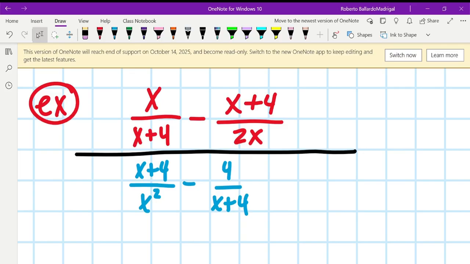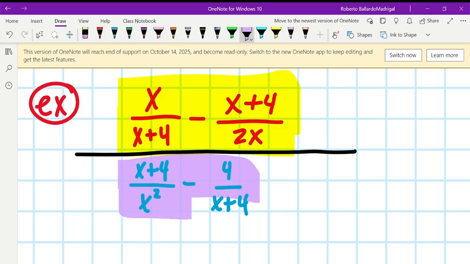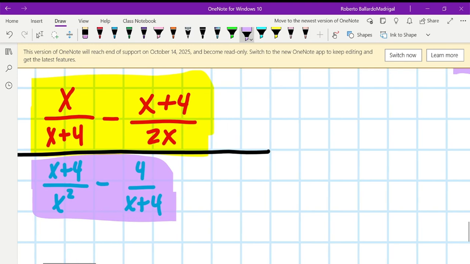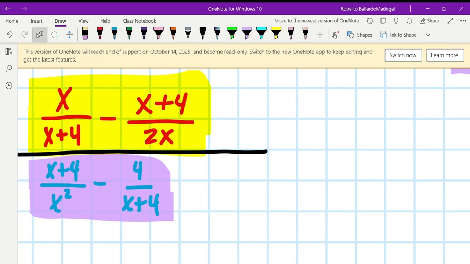Okay, so let me start highlighting. This in yellow represents only my numerator and purple represents only my denominator. I want to combine my numerator, but I have to find the LCD between x plus 4 and 2x.